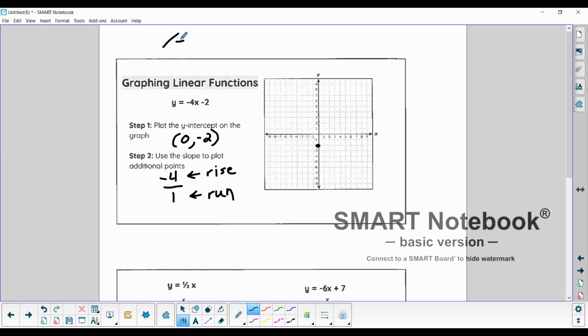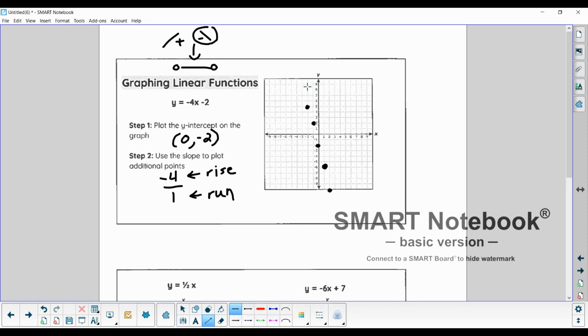If I think of Mr. Slope Guy again, because my slope is negative this time, I should have a decreasing line. So I should be going down 4 over 1, down 4 over 1. Or I can reverse the pattern, go up 4 and backwards 1, up 4 and backwards 1.